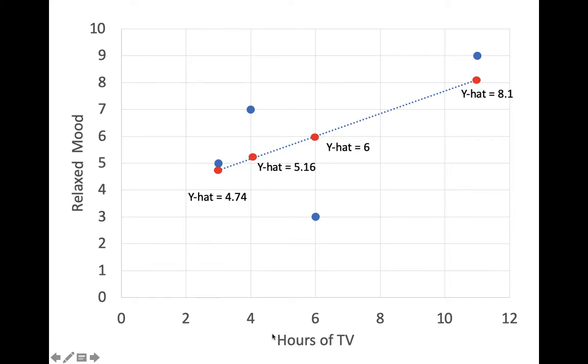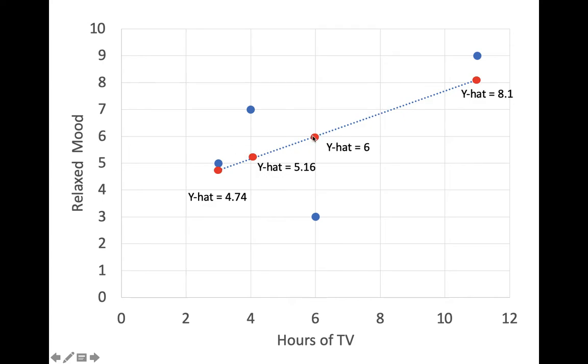What about when hours of TV is 4? Our y hat is 5.16. Notice that we've got some error, okay? Because in our actual study, the person that watched 4 hours of TV reported that their relaxed mood was 7. Our prediction for when hours of TV is 6, relaxed mood should be 6.